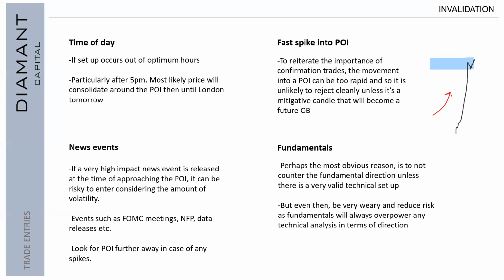It's unlikely to just simply mitigate that area, but instead could play around with the liquidity just above, for example. So you really have to consider price and the speed of it as well.